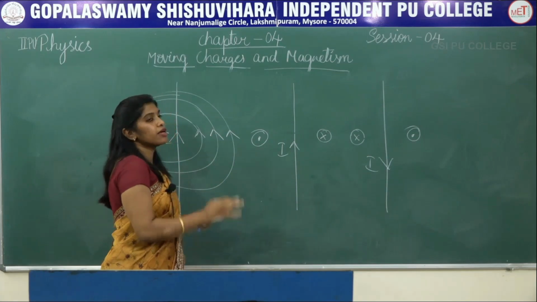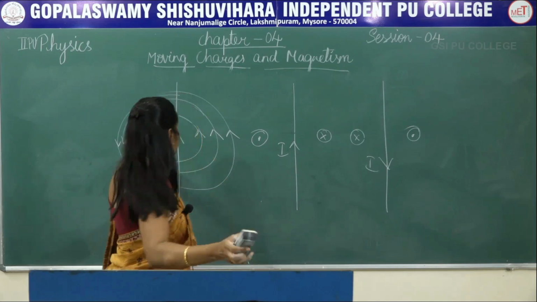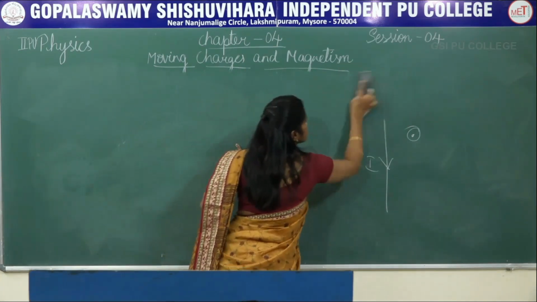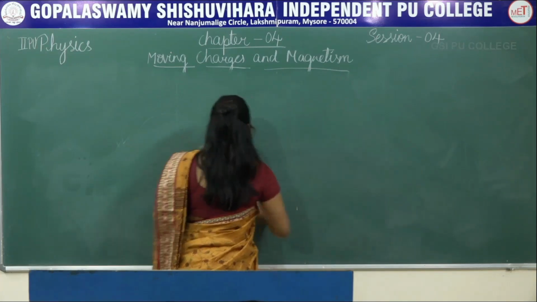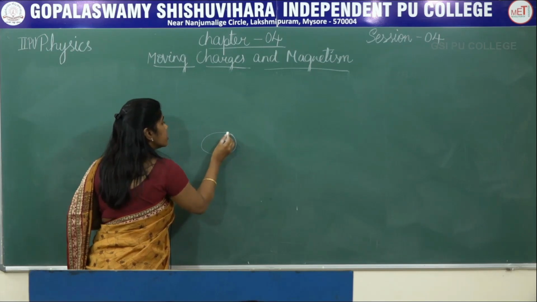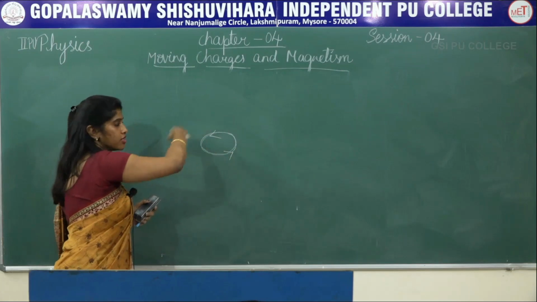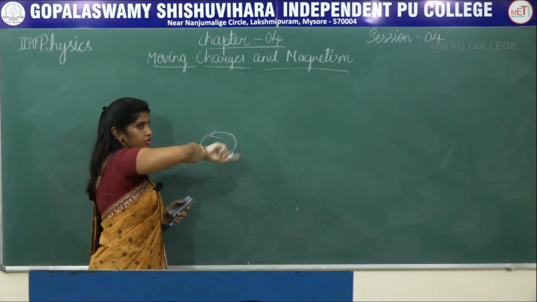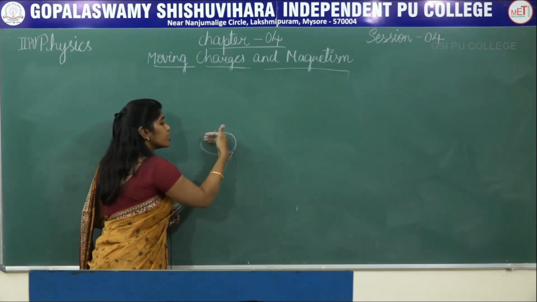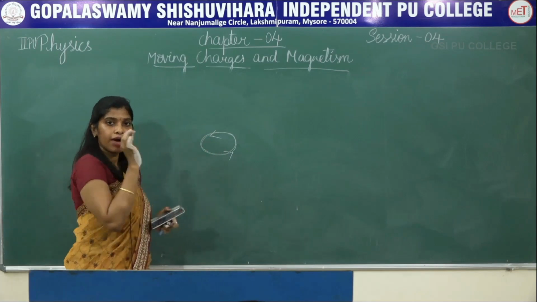Now these are the currents which I have taken linear. If the current is circular, I have a current carrying wire which is circular and the direction of current is in this way. Then the magnetic field will be, so curl your fingers in the direction of the current, then your thumb indicates the direction of the magnetic field.